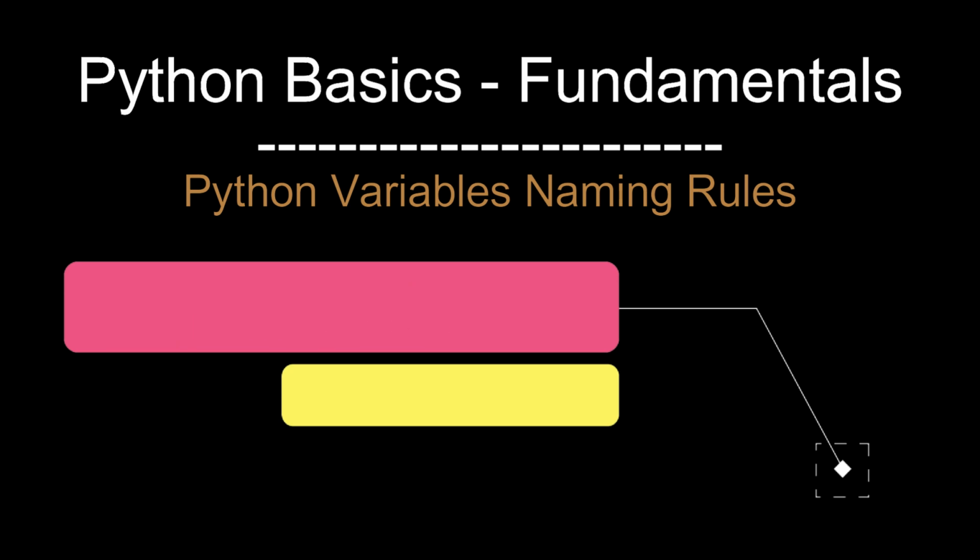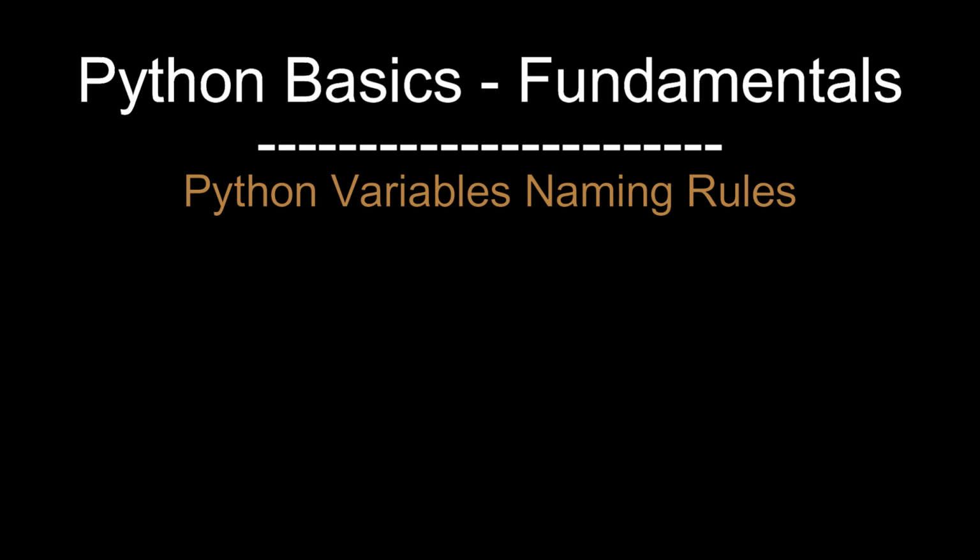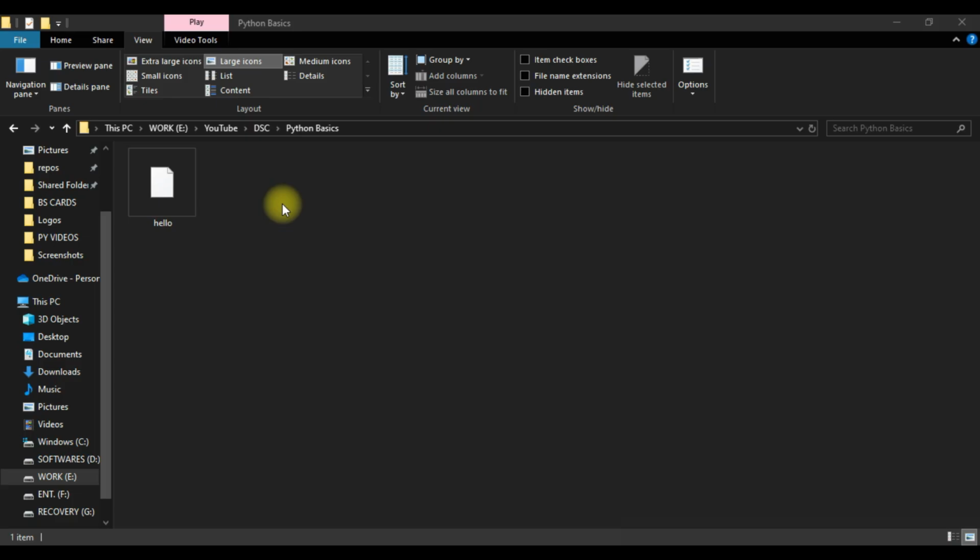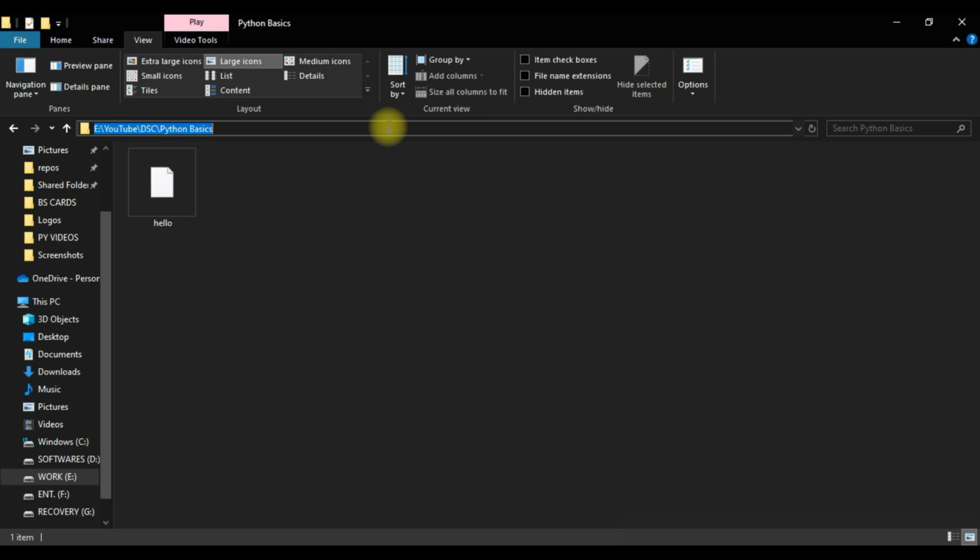Now that you understand the definition of how you create variables and the rules to follow, we can go to the practical part. As I showed you in the previous video on how to open your code editor, go to the path of the folder where you are saving your work.